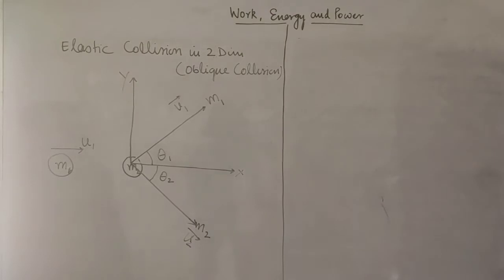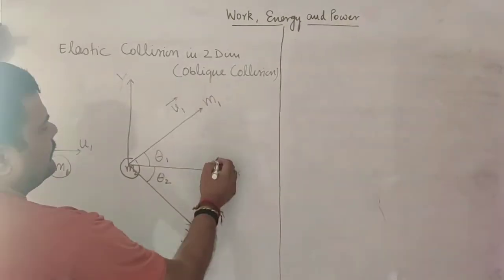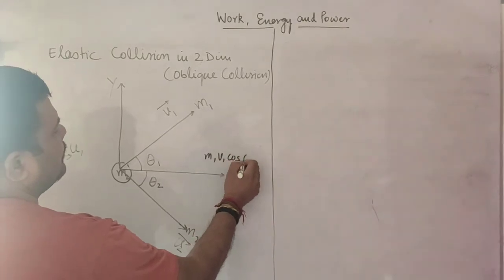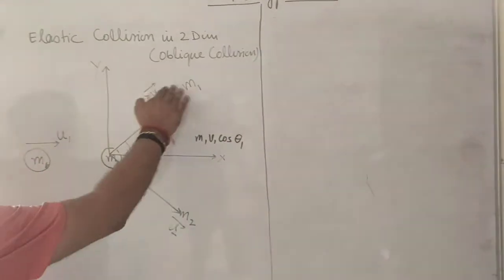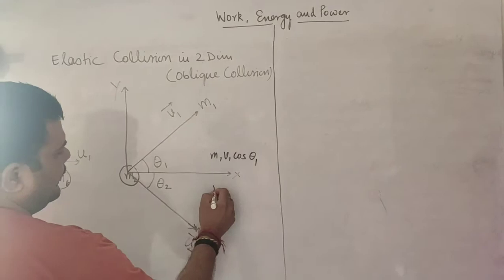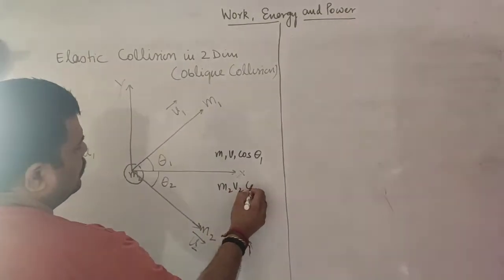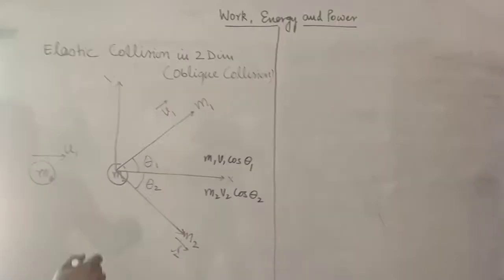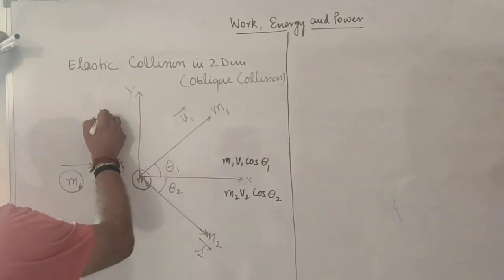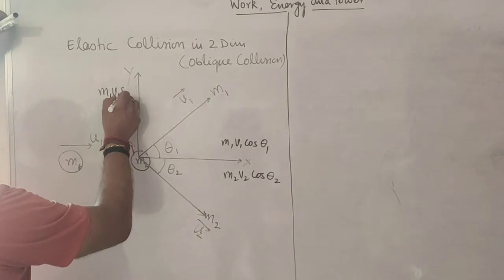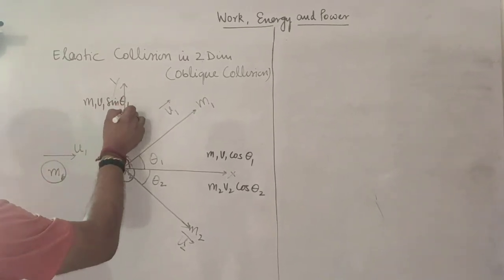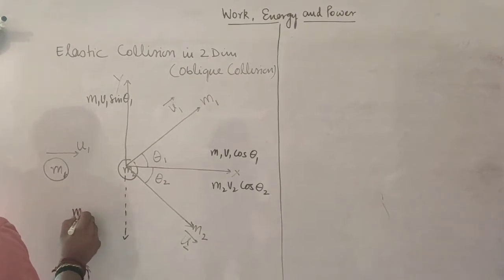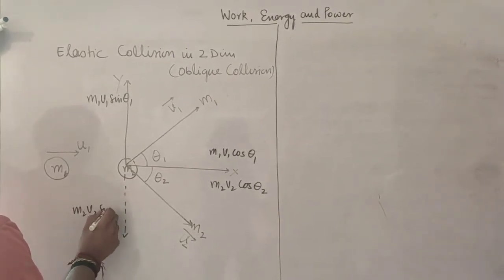components of kinetic energy. But here on this side it is m1 v1 cos theta 1. This is the horizontal component of this one. And along this, m2 v2 cos theta 2. This is along x-axis. Similarly, m1 v1 will have a vertical component also, m1 v1 sin theta 1, and this is m2 v2 sin theta 2.